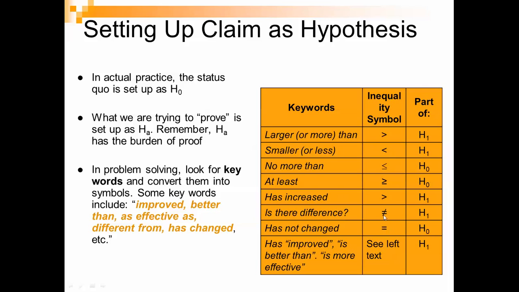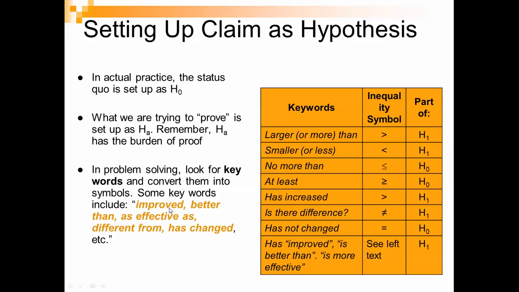Those types of things should give you an indication of an equal sign that you use. And if you're looking at larger, smaller than, no more than, or at least, or at most, those would be indicators that you're going to be using an inequality symbol. And of course, remember that the null hypothesis always gets the equality sign. Remember also that H1 and HA, H sub 1 and H sub A, are interchangeable terms.